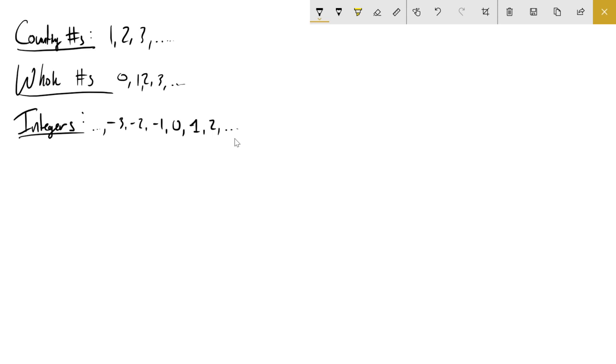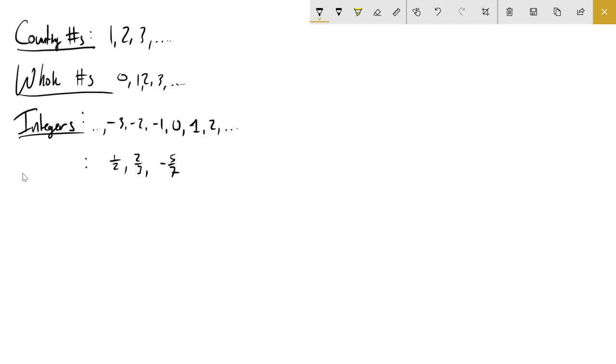Then we start getting into division, and we start creating fractions, like a half or 2/3, and then you throw in negative 5/7. You get these negative and positive fractions. That's a bigger class than the integers, because the integers don't have all the fractions in them.